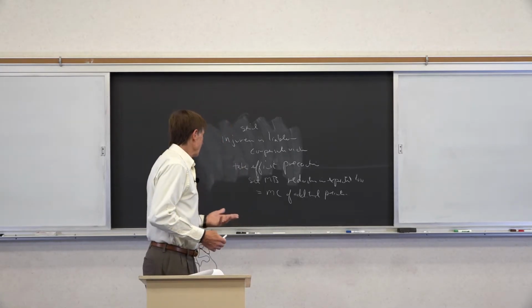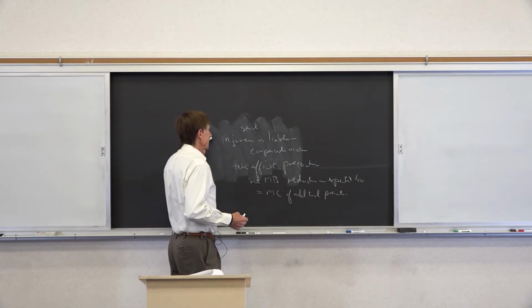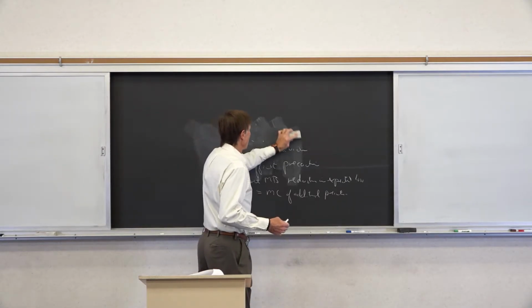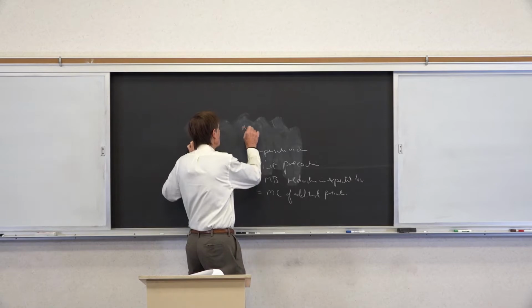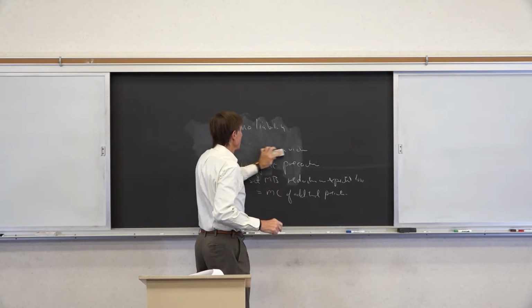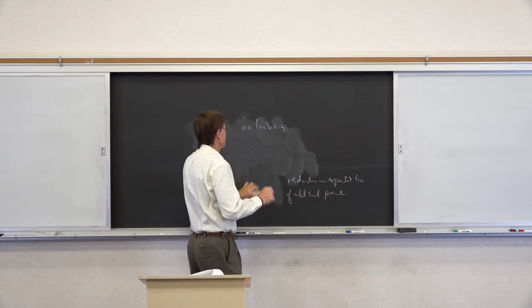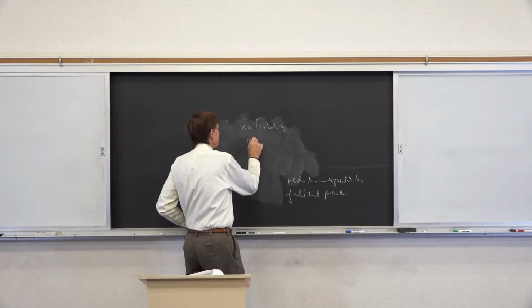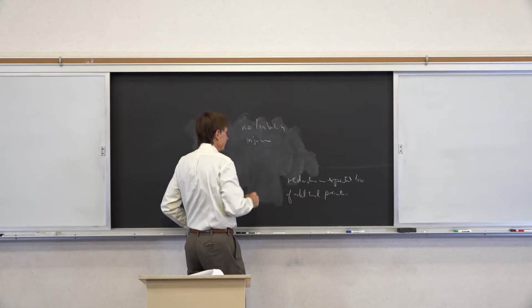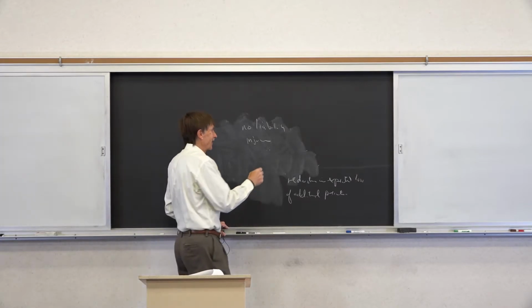Now, under no liability, you get just the opposite, right? Under no liability, what's going on is that the injurer, as you know, again, sure not like rocket science here, has no liability.